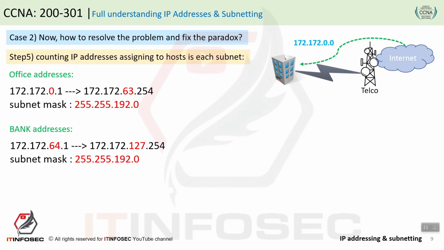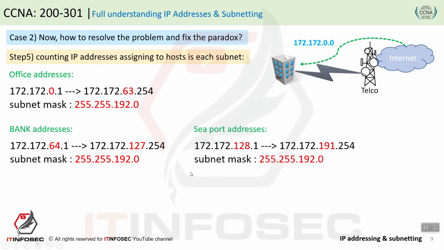The next subnet is 128. One before that is 127.255, which points to all computers in this subnet. It is not assignable. So the last assignable IP for the bank is 127.254 with this subnet mask as well. And the next customer is Seaport.